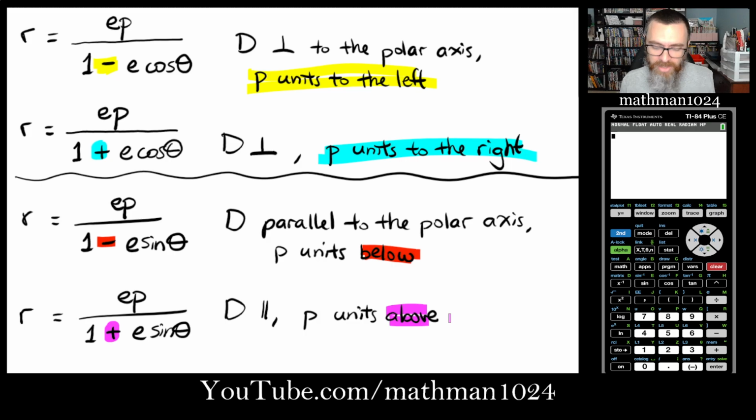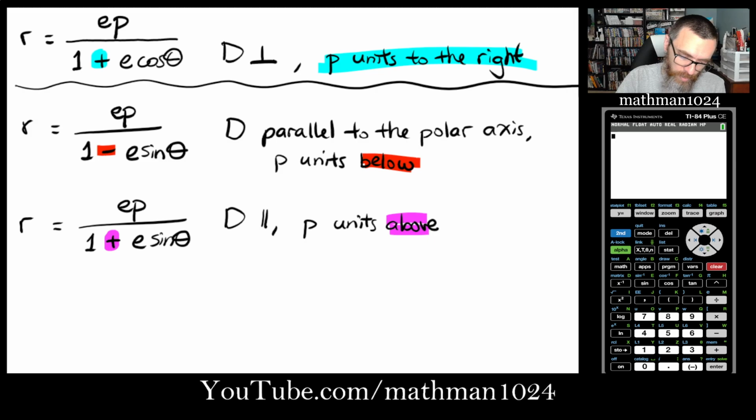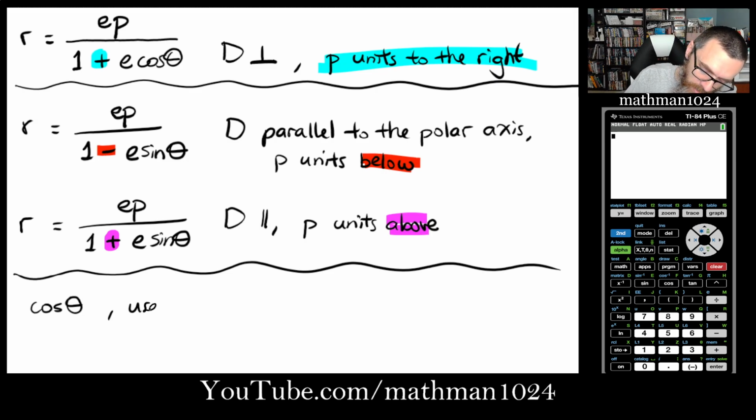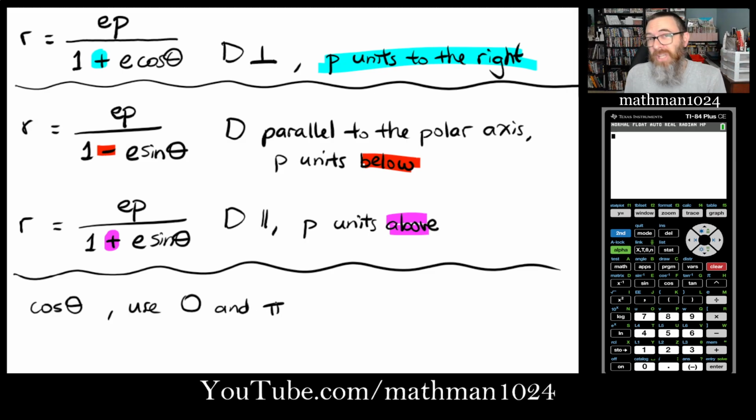When we're working these, there are going to be some key values that we want to plug in so we can get a really good idea about the shape. When we're working with cosine, you want to use 0 and pi. We'll probably also do pi over 2 and 3 pi over 2.